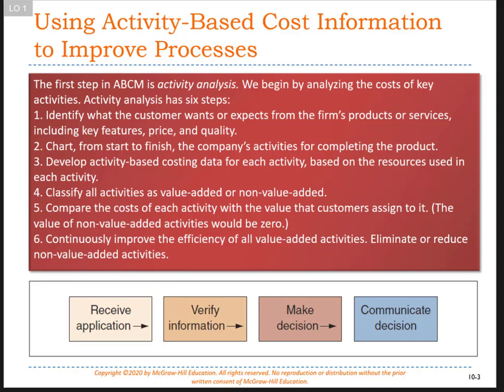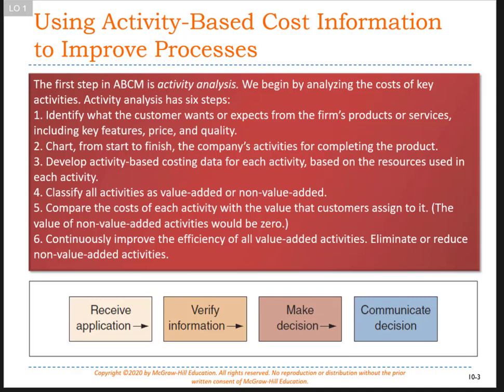Now that we've identified the activities and what our customers are willing to pay for, we compare it to what the actual costs to do that are. And the places where we are not providing value, or the value that we're providing is not higher than the cost, maybe we think about outsourcing that, or maybe we need to find better ways to do that.